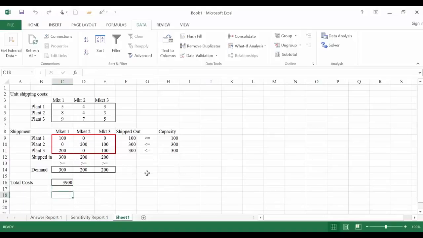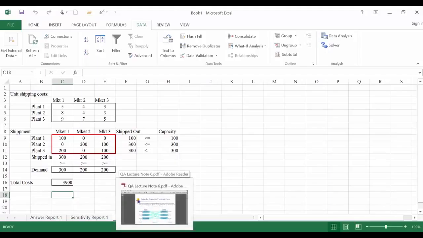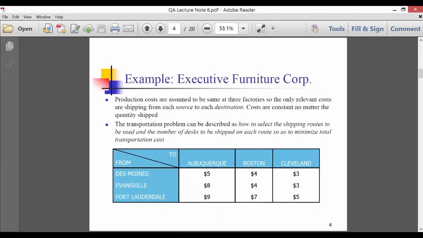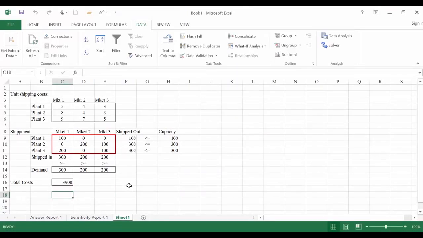This is a typical case, and this example here is very simple. Very often we have to deal with some kind of alternative situation. In our case here, we have total capacity equal to 700 units, and the total demand also equals 700 units. This is a balanced case. Also, very often the total demand is larger than the summation of the total capacity.